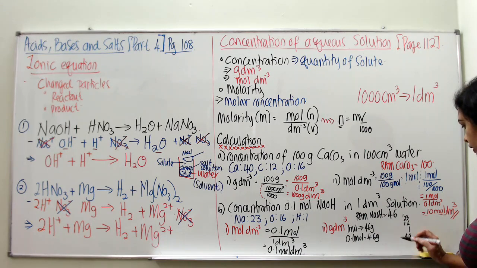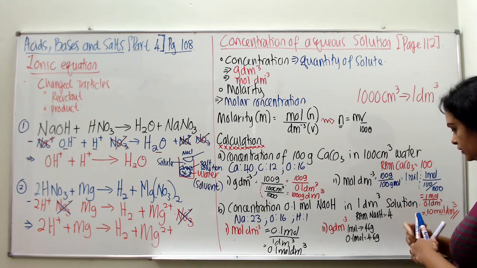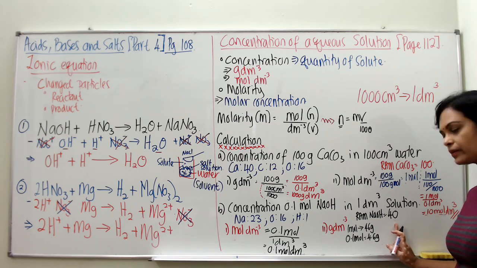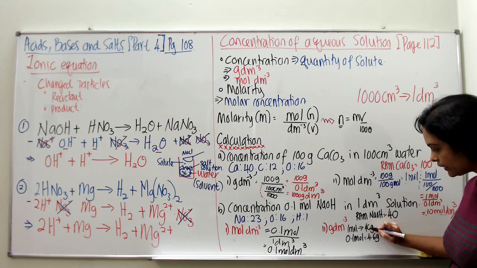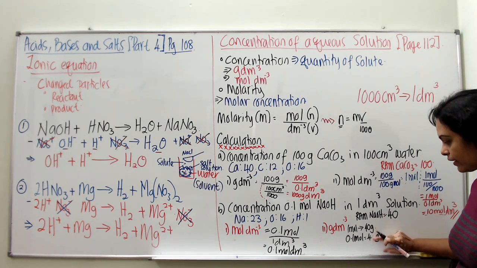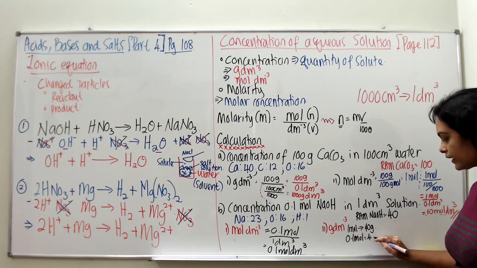Okay, 40, not 46. Sorry again. It is 40. Okay, so the relative atomic mass for sodium hydroxide is 40. So that means in order for you to hit 1 mole, you must have 40 gram. So now you only have 0.1 mole. So that means sodium hydroxide is only 4 grams.